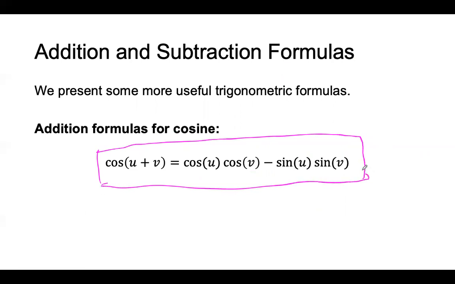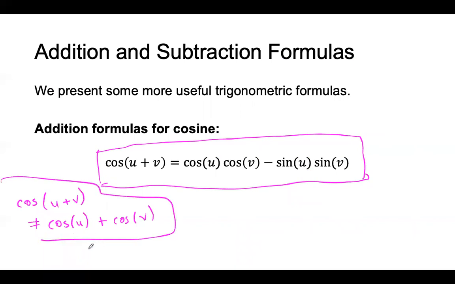And you see that, again, it's important to notice that the cos of, let's say, u plus v is not equal to cos of u plus cos of v. So don't make this mistake. Do not do this.